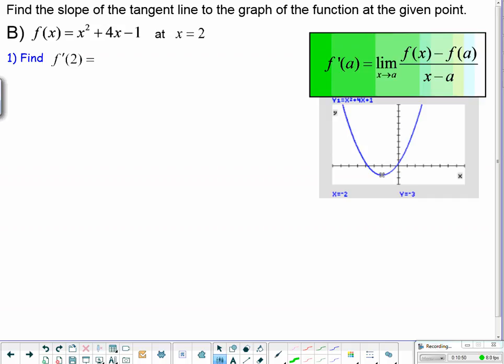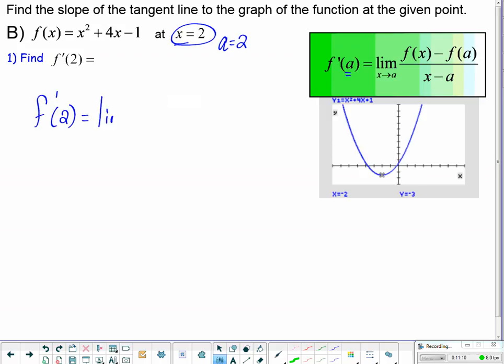Find the slope of the tangent line to the graph of the function at the given point. We give the function, which is quadratic, and we want to evaluate it at x equals 2. So in this case, I want to let a equal 2 and evaluate it. So f prime of 2, this is just like we did on the previous example.